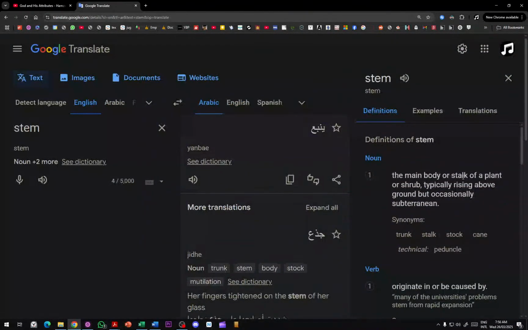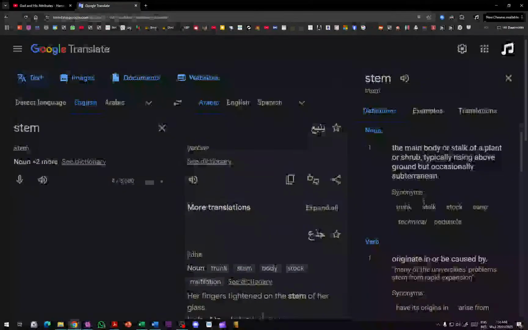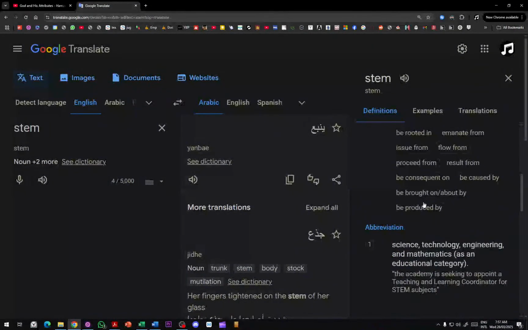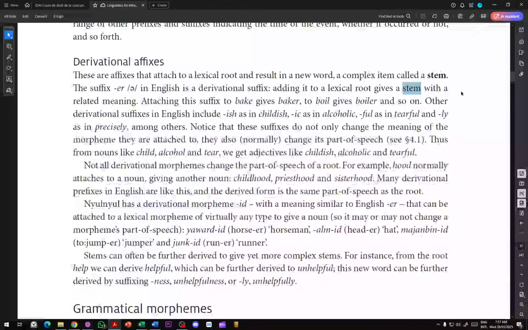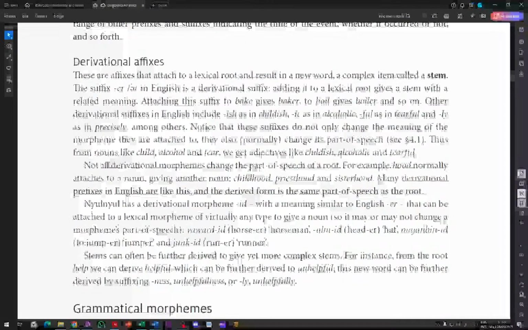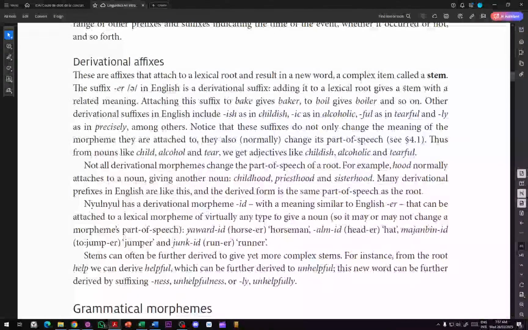The main body or stalk of a plant or shrub, typically rising above the ground but occasionally subterranean. How does adding it to a lexical root give a stem? Oh, so we have like a root and a stem that comes out of the root, like a branch. Okay, I got it.